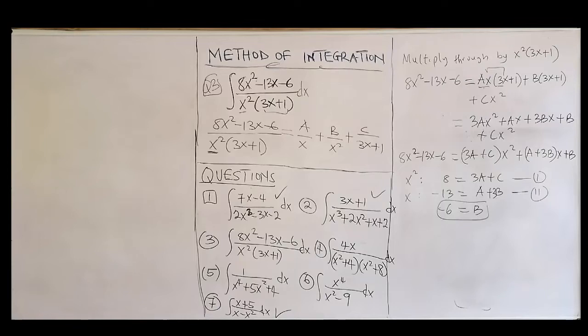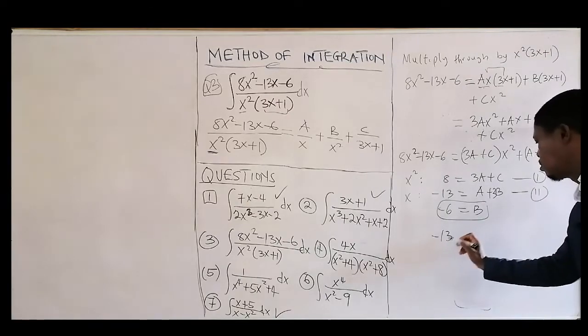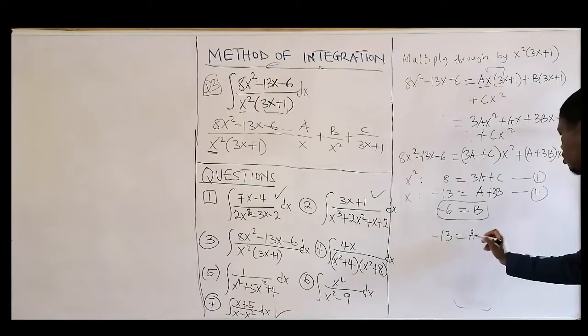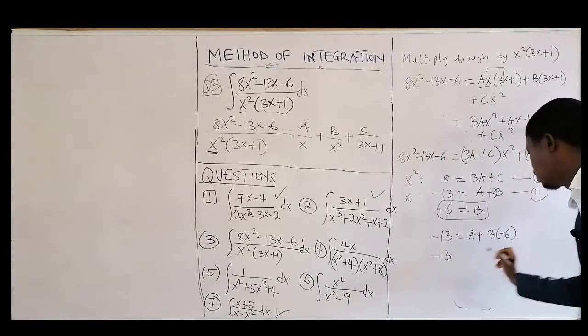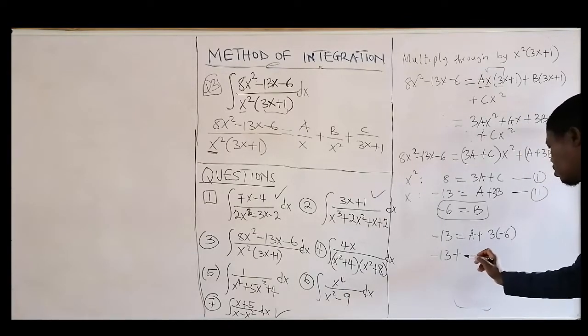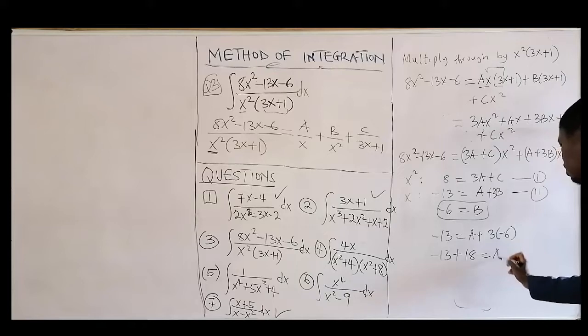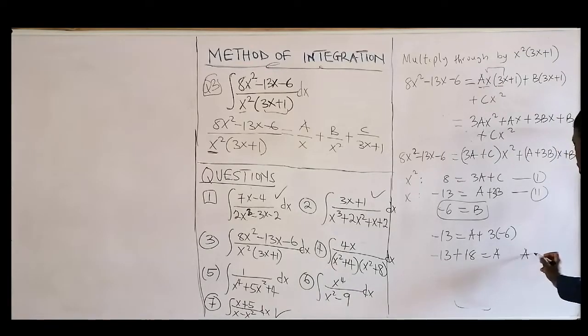Then from there we can use equation 2: minus 13 equal to A plus 3 into bracket minus 6. That's minus 18. Let's go to the other side, plus 18 equal to A. So A is equal to 5.